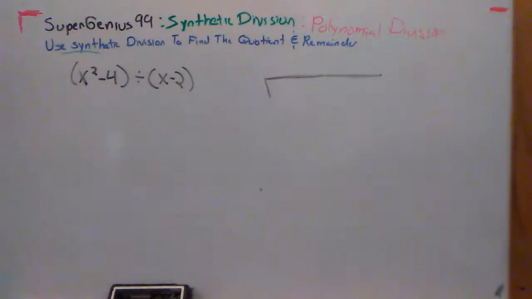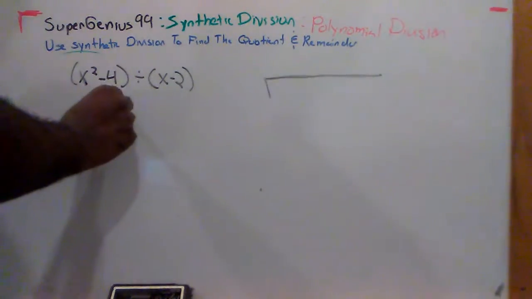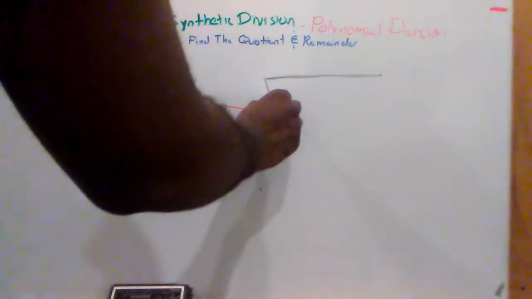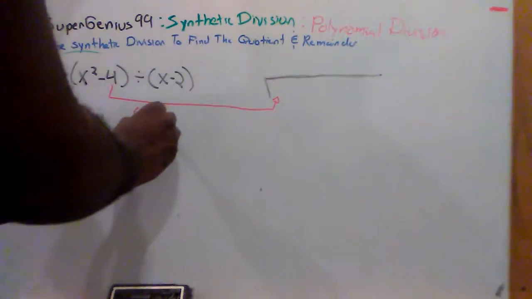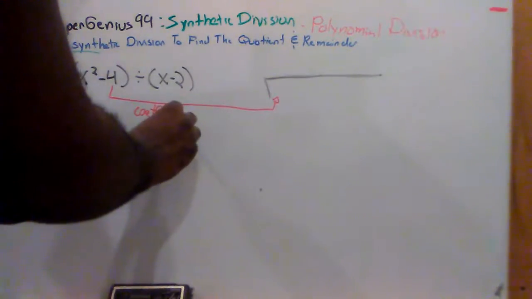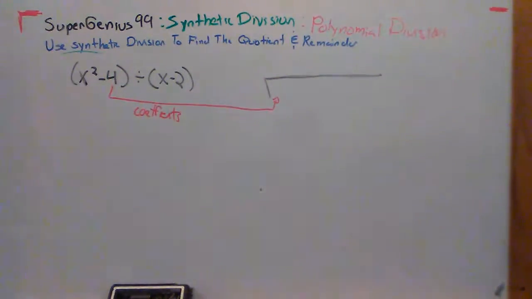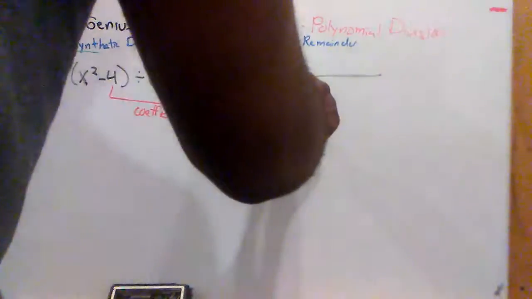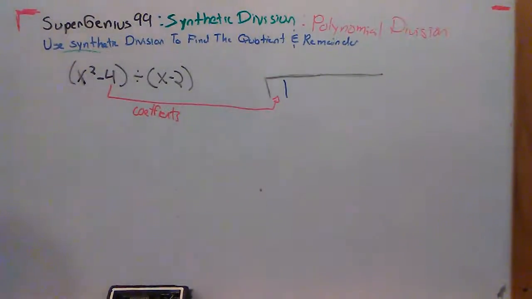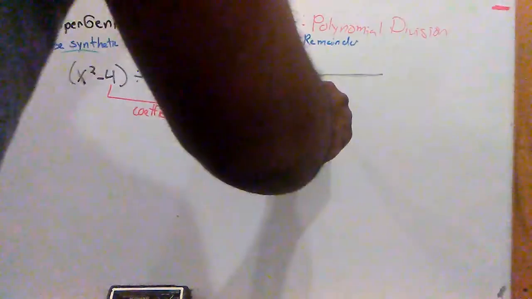Okay, so what goes on the inside? So here, you write the coefficients, okay? So you might say, well, the only coefficients I see are the coefficient of x squared, which is 1, and the coefficient of this negative 4 is just negative 4.